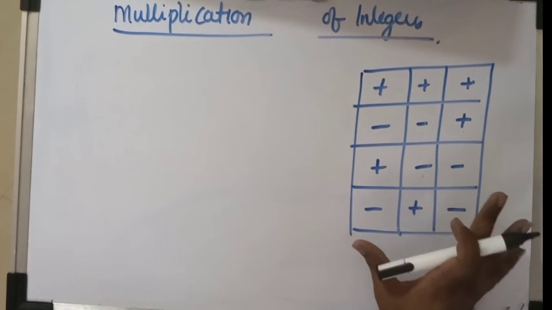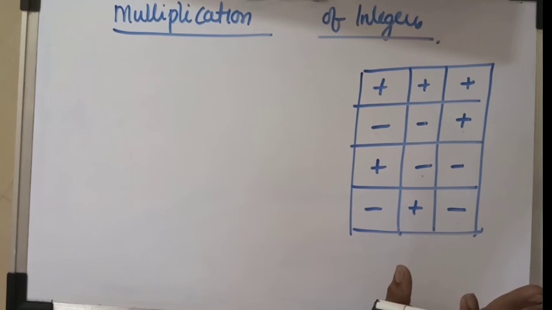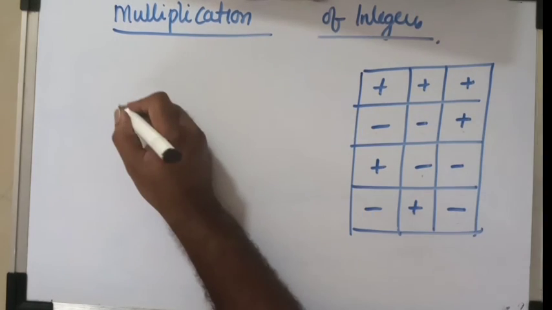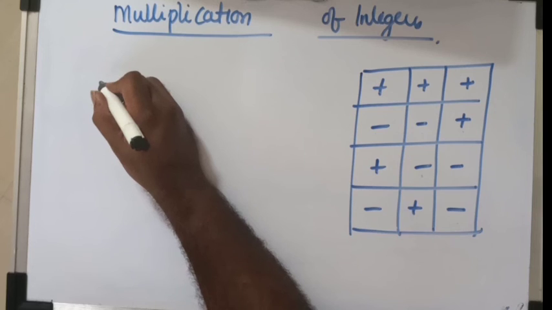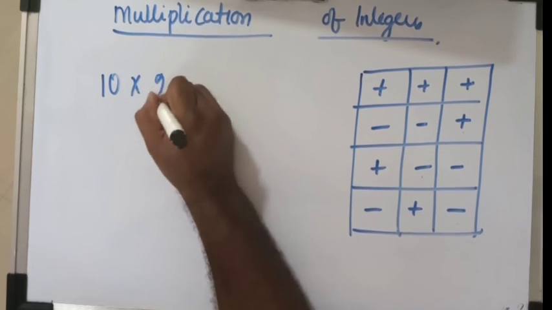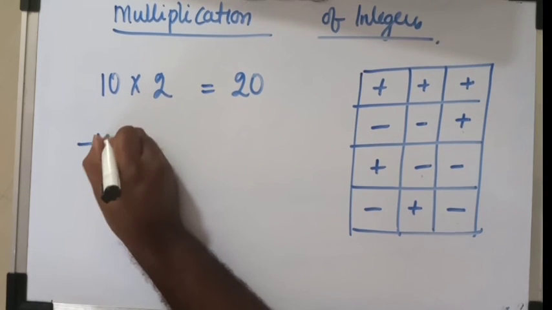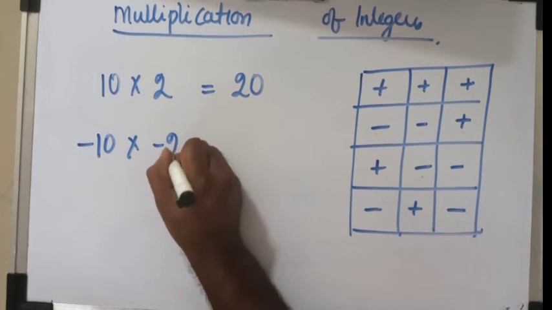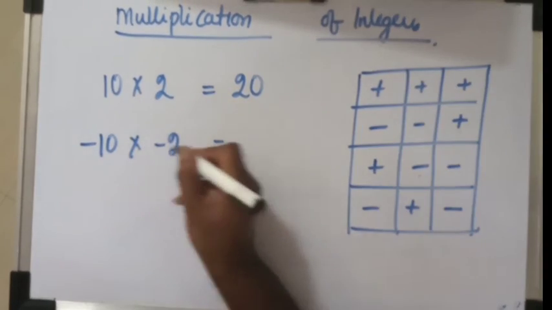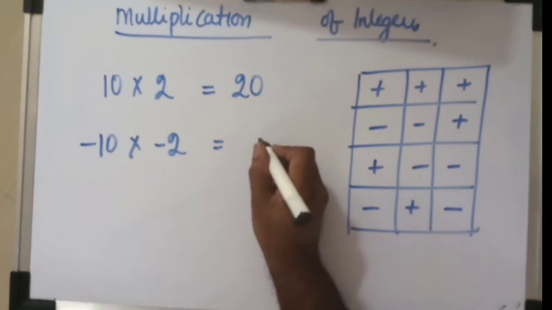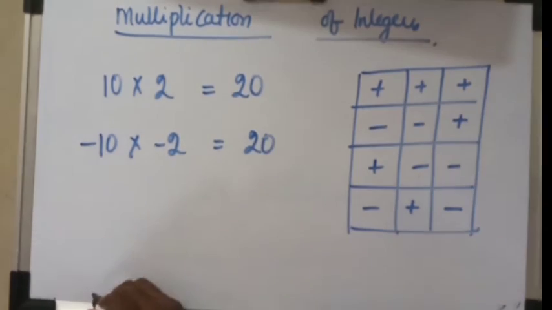This is the table common for addition, subtraction and multiplication. Say I multiply two positive integers, 10 and 2. My answer will be 20. Say I multiply minus 10 and minus 2. Minus into minus, the sign will become plus. So this will be plus 20.